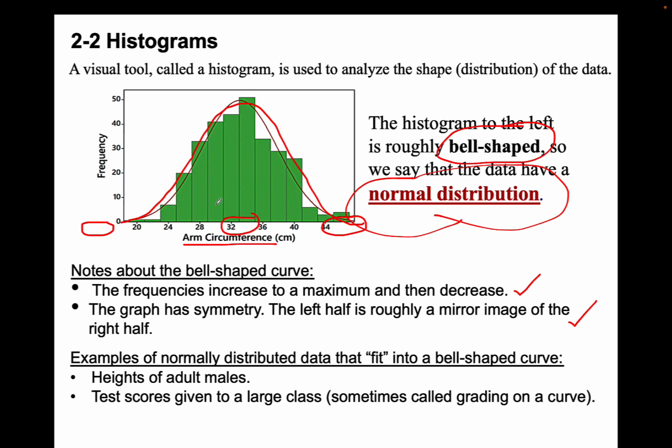If you guys all took a test and I had a lot of test scores and I was asked to grade on a true curve, then the majority of people would receive the letter grade of C. There would be less people who receive the letter grade of a B and even less who receive an A. This group of people right here would receive a D, and a small group here would receive an F. That is what we call grading on a curve. It fits into that normally distributed bell-shaped curve.